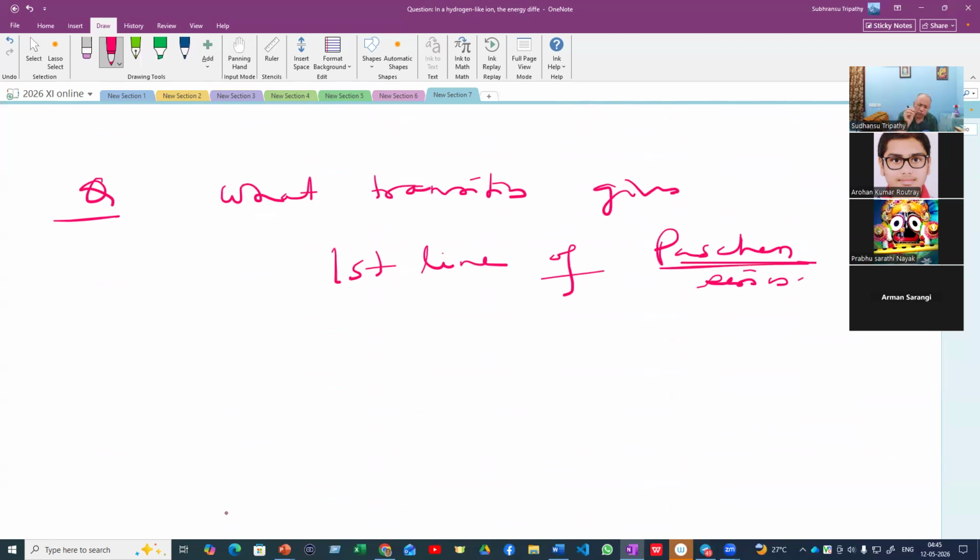Balmer means it is 2. Lyman means 1. Brackett means 4. Pfund means 5. So once I say Paschen, then 3 will come to your mind. All will be returning to 3. So first line means it is the next higher state, that is 4 to 3. Answer is 4 to 3.